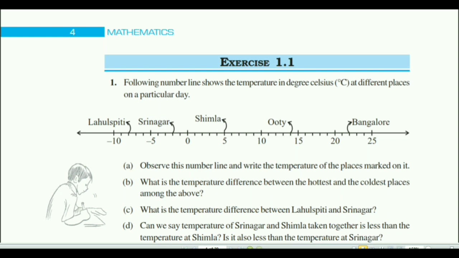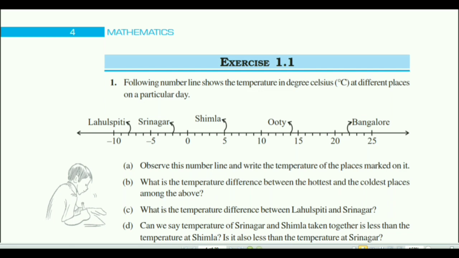Now, children, let us see the first exercise of this chapter. Exercise 1.1 given on page number 4. The first sum is very simple. You have to just see the number line and answer the questions. That I am sure you will be able to do.